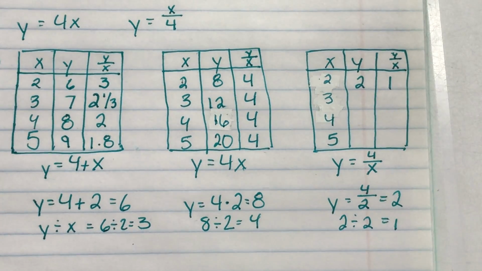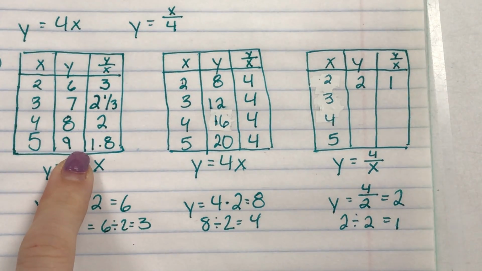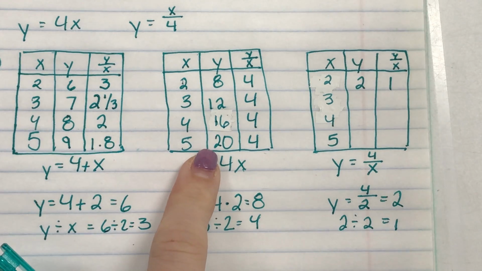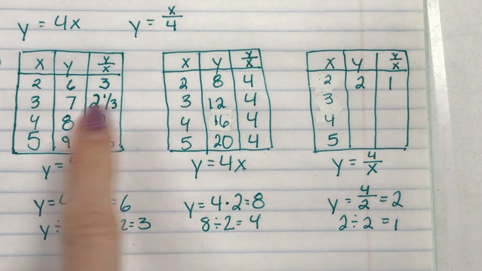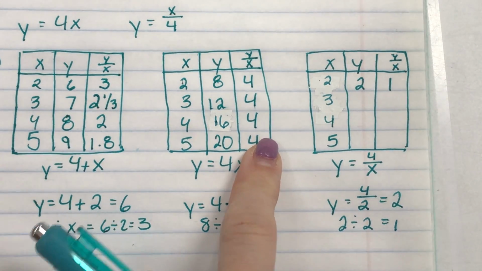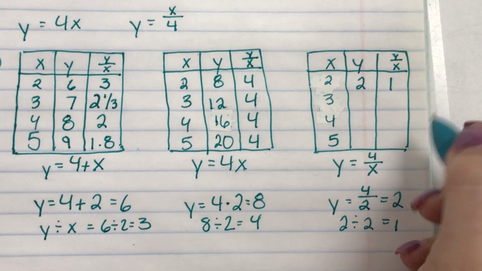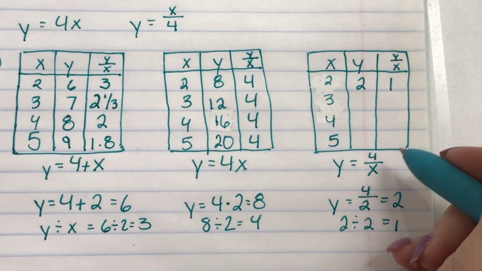Okay, question. Is this first chart proportional? Yes. No. What about the second chart? Yes. Different means no. Same means yes. All right. So this last one we're going to do together and then talk about the other 3. So here we're dividing by 4.